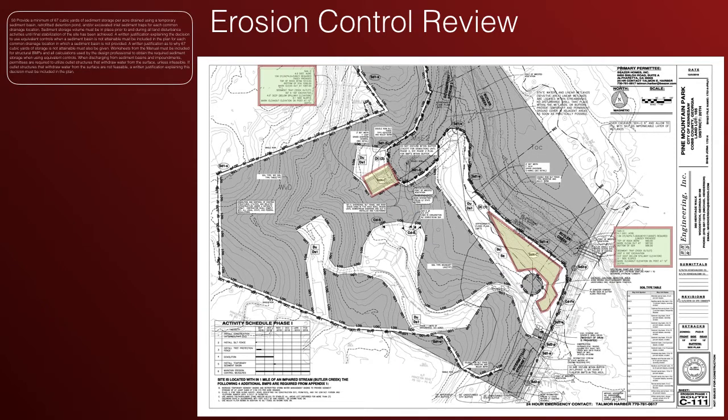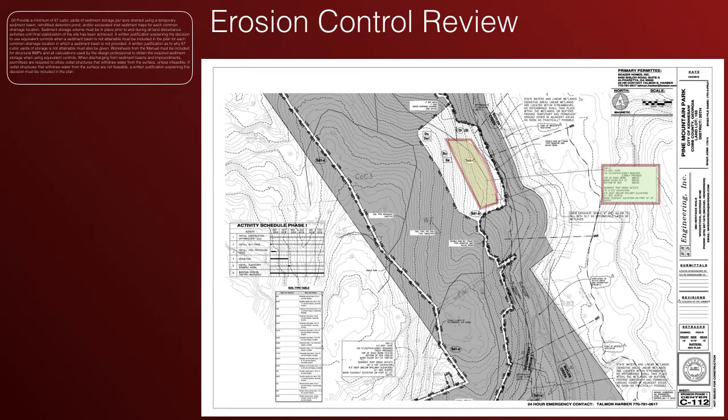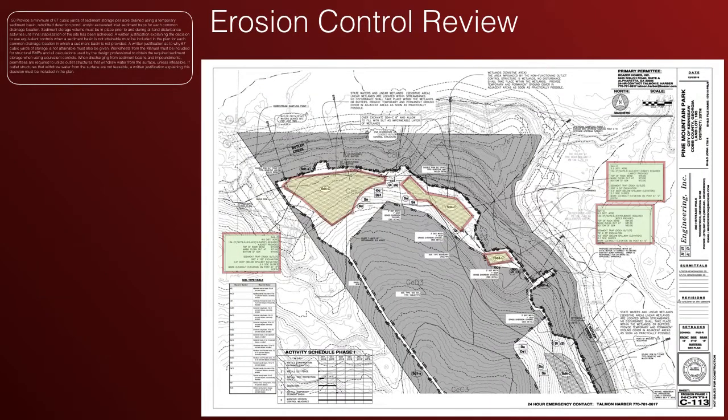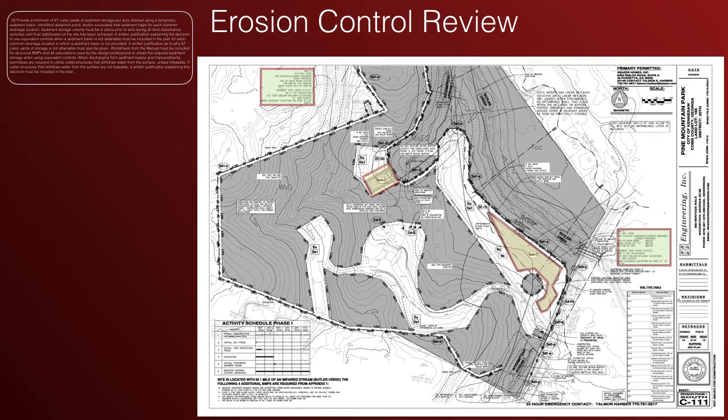But you'd also notice that this is just the southern part of the property, and you need to continue on to the next page and see that there is one more sediment basin and accompanying calculations. Moving on past that, to the northern part of the property, there are 3 more basins and 3 more sets of calculations. So that takes care of the first phase of erosion control, sedimentation storage.